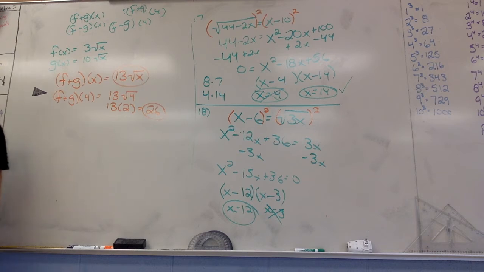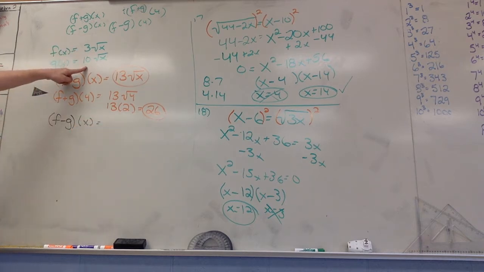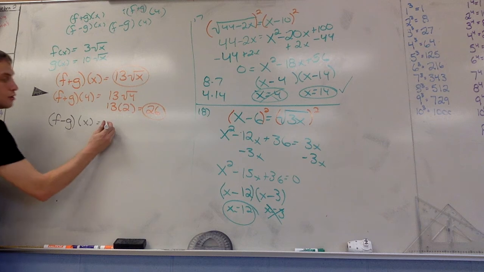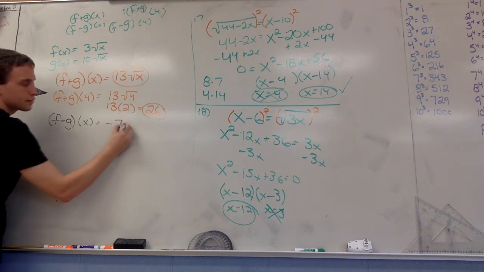Now we need the subtraction still. So here's the subtraction. F minus g of x is 3 root x minus 10 root x, which gives me, what's 3 minus 10? So that's negative 7 root x.